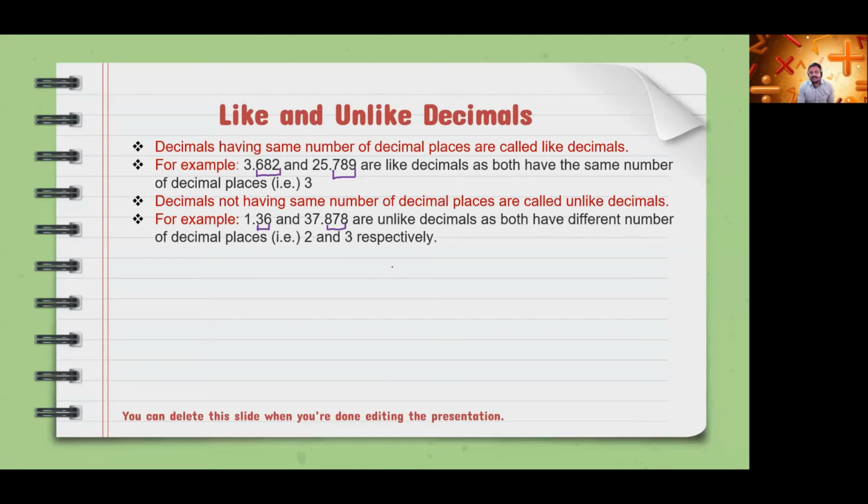In the above example, three digits were there after the decimal point, that's why those were like decimals. Is it clear to you? Like and unlike decimals. This is very important.